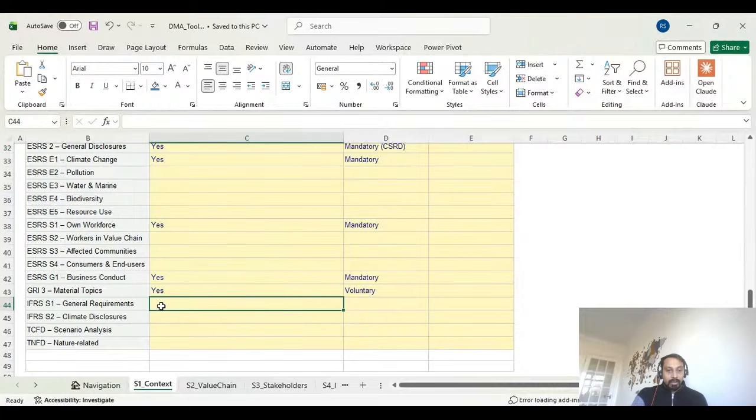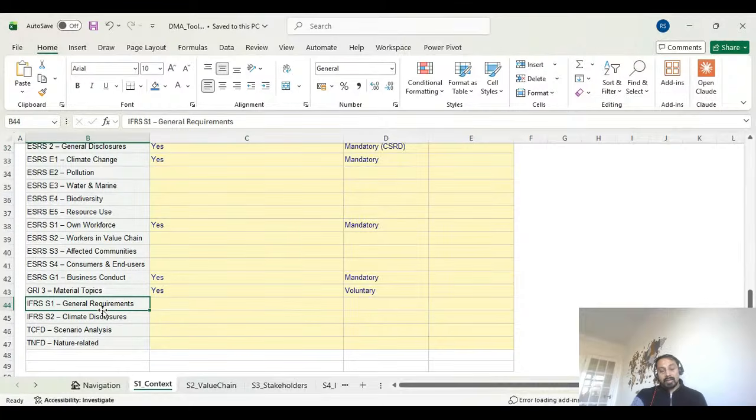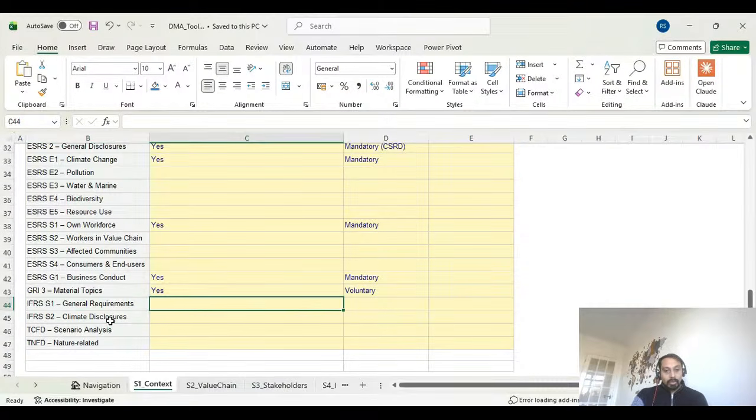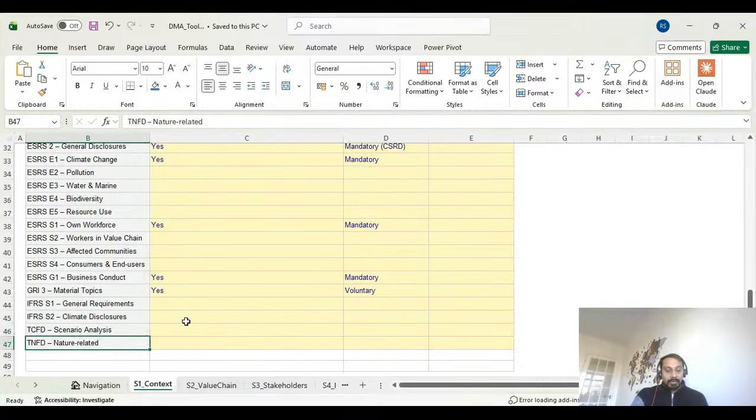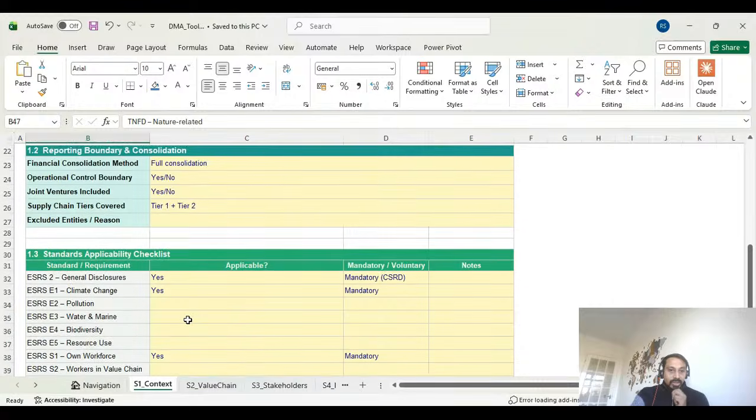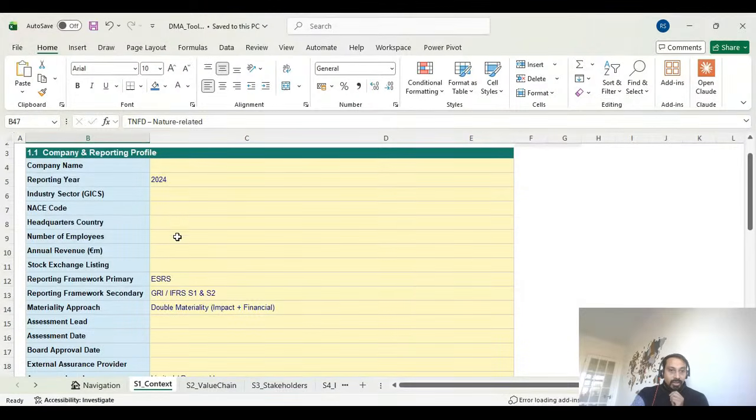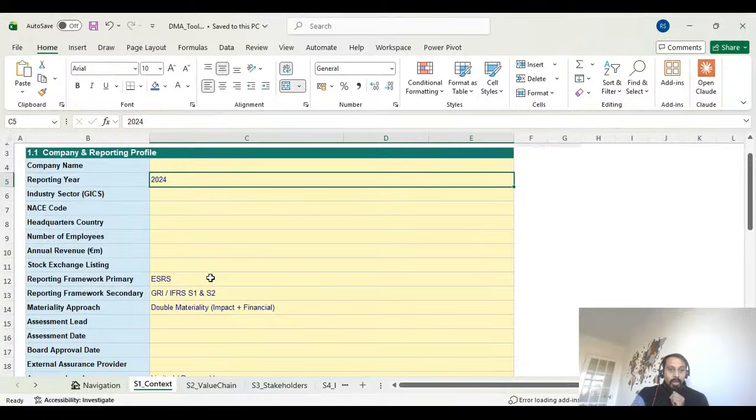Similarly, I also mentioned the other standards that are part of your reporting. You can mention yes or no, based on the whole analysis. You have to mention each and every item. Here I mentioned the reporting year is 2024.